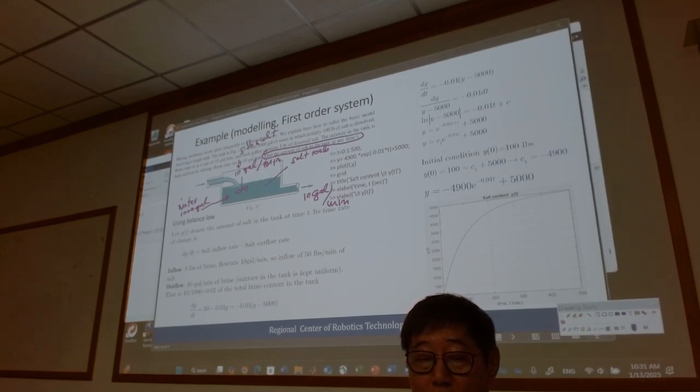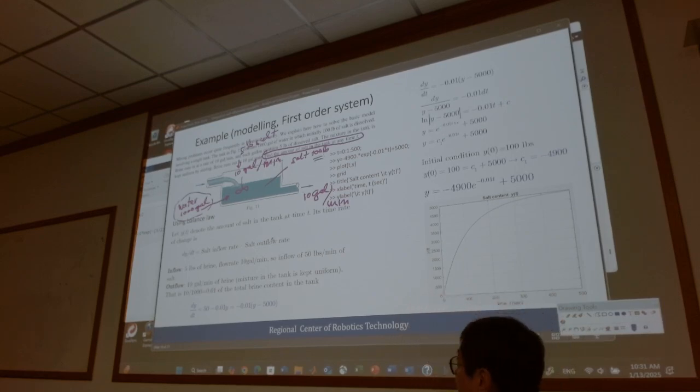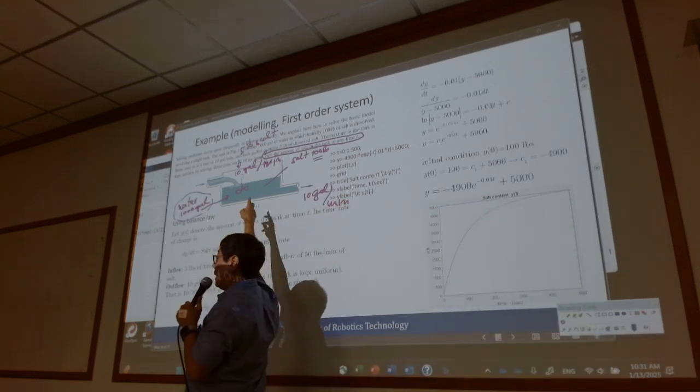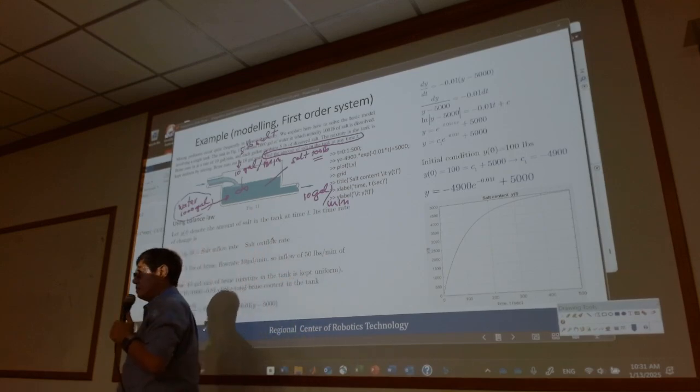We have 1,000 gallon here. We have water 1,000 gallon. Okay, and the initial salt is about 100 pound. There is 100 pounds of salt dissolved at the start.